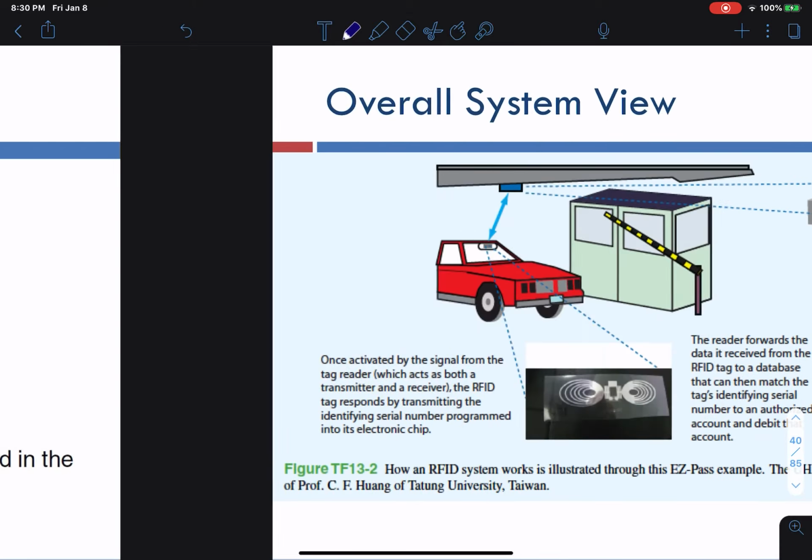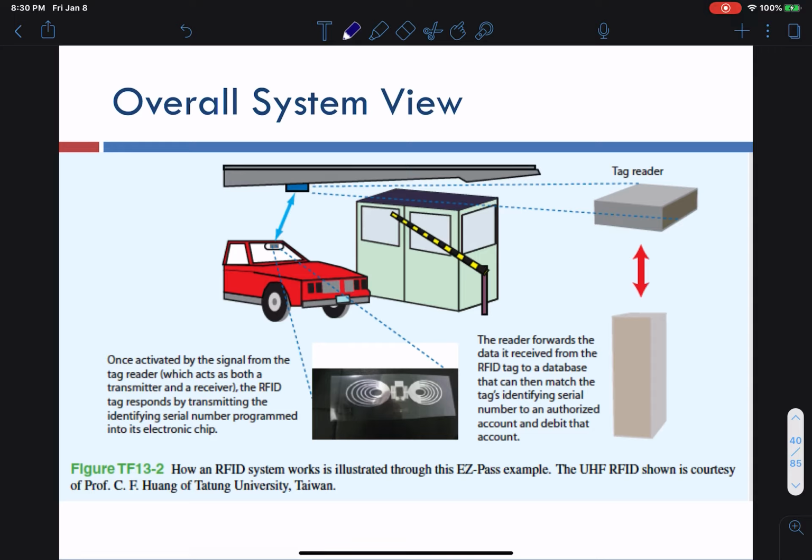It has two different components: a tag and a tag reader. The tag reader is basically both receiver and transmitter. When your tag comes close to a tag reader, the tag reader transmits a signal. That signal goes to the tag, and the tag could be both passive and active.